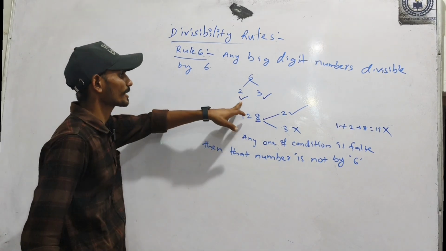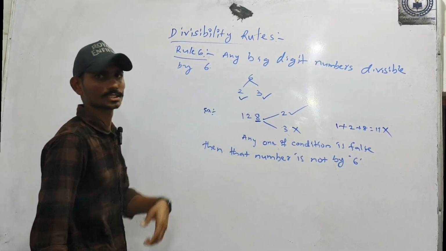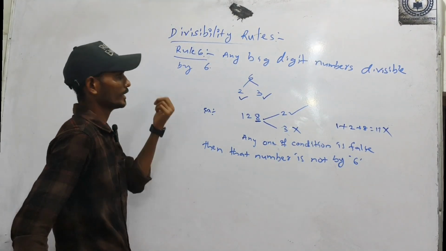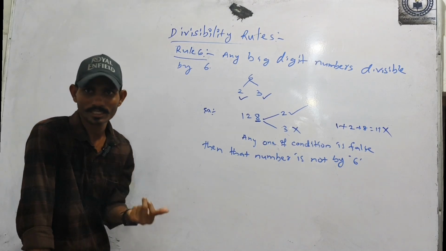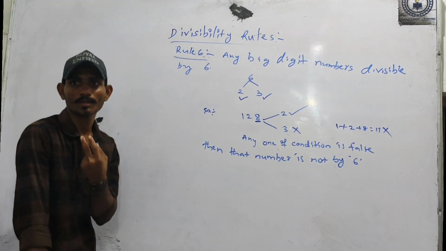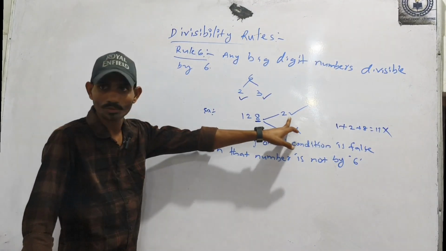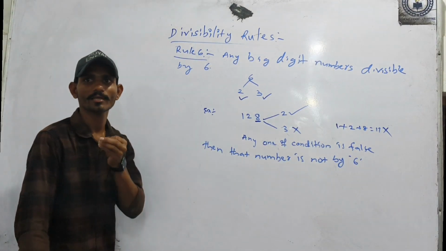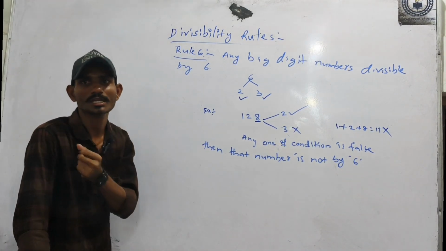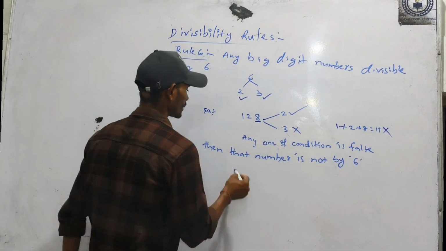Because 6 is the product of 2 and 3, for a number to be divisible by 6 it must satisfy two rules, rule 2 as well as rule 3. If any one condition fails, then that number is not divisible by 6. One more example.